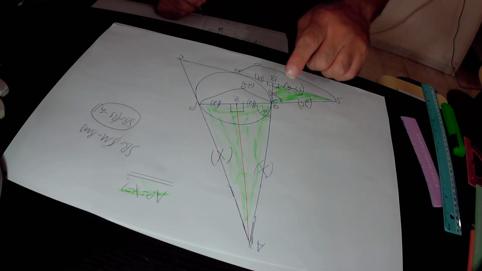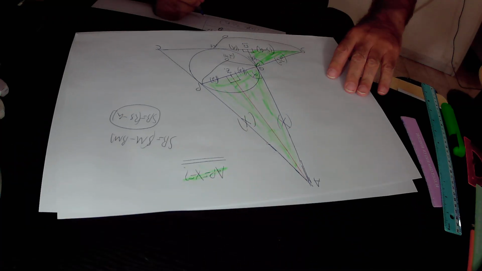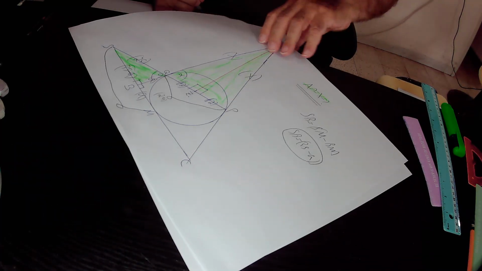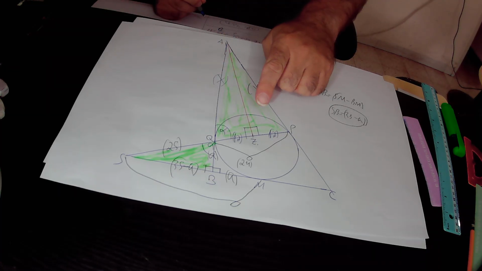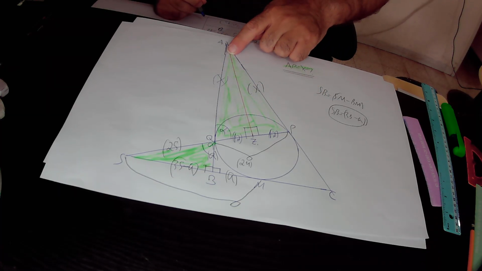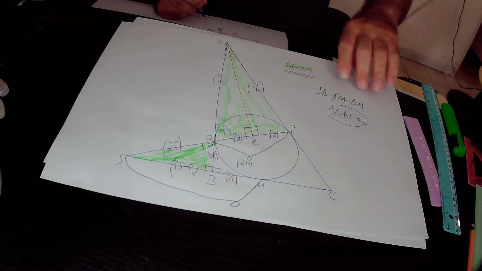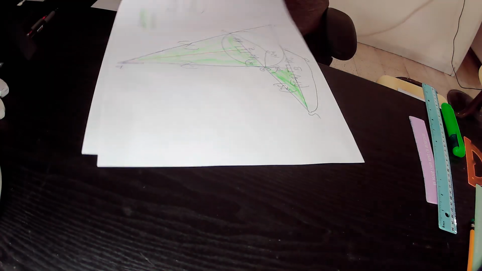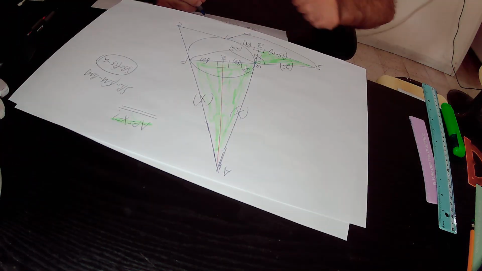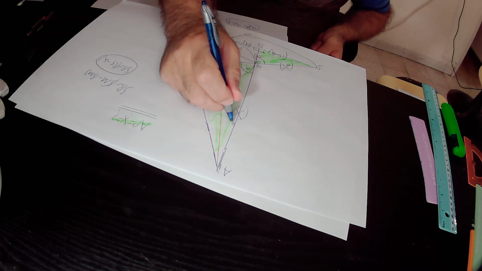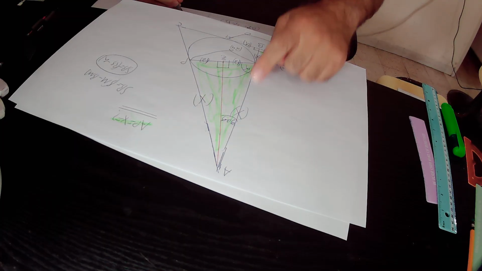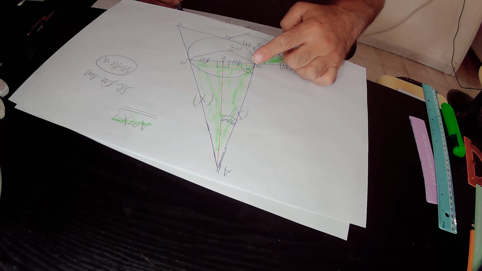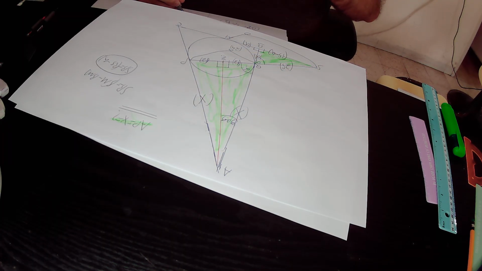So in this right triangle AQZ, this angle equals alpha, this angle equals 90 degrees, and therefore this furthest angle must be equal to 90 degrees minus alpha. Why? Because 90 degrees minus alpha plus alpha is 90 degrees, and 90 degrees plus 90 degrees is equal to 180 degrees, that is the sum of the angles in the triangle.